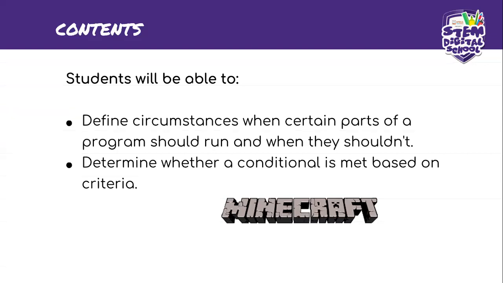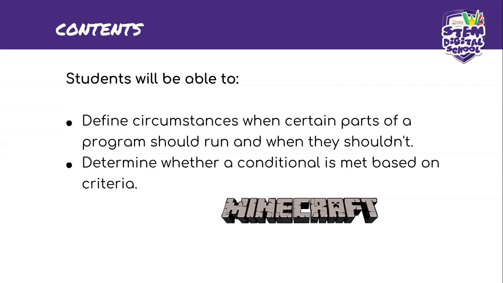If that is no longer the case, where all the apples have been picked, then only will you move on to the next tree, because you can't pick apples if there aren't any to pick. So that is what a conditional, or a condition, is.